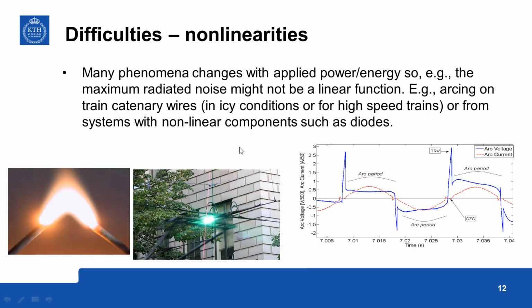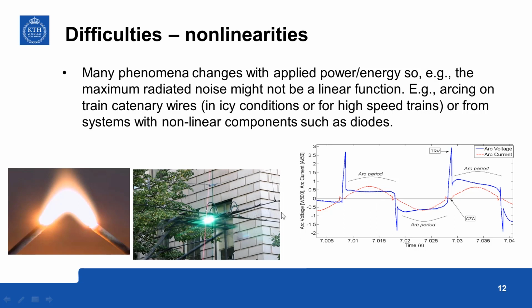Say, for example, if you have arcing, such as on the catenary of a tram or a railway line, you can have a lot of arcs under icy conditions, or due to a mechanical jerk you can have gaps created and arcing. This is shown over here, current and voltages. These types of things are very difficult to capture in the laboratory, whereas for outdoor systems you have those situations.